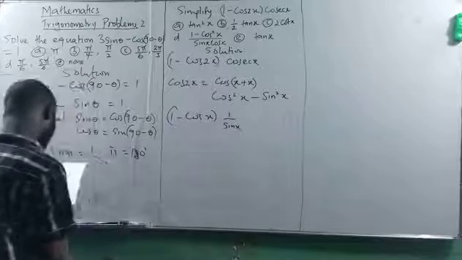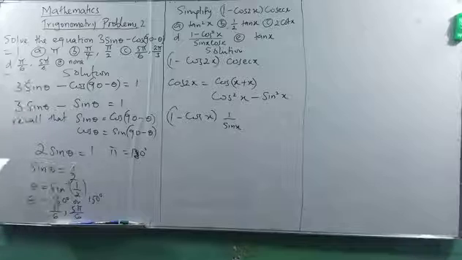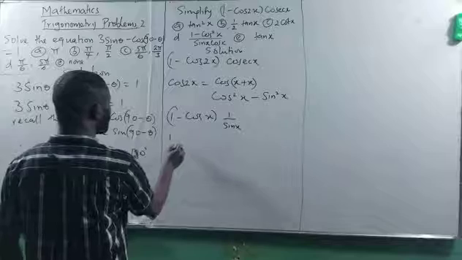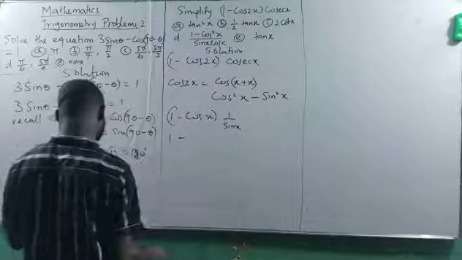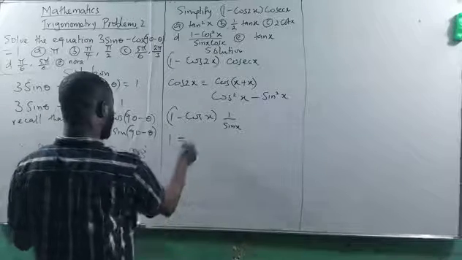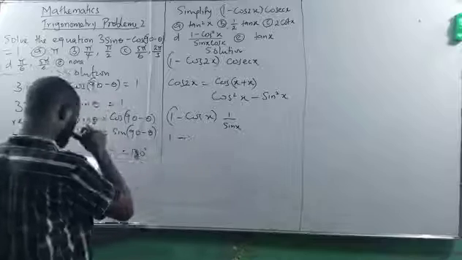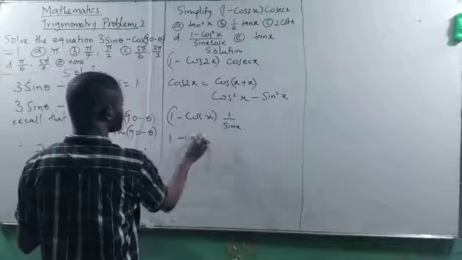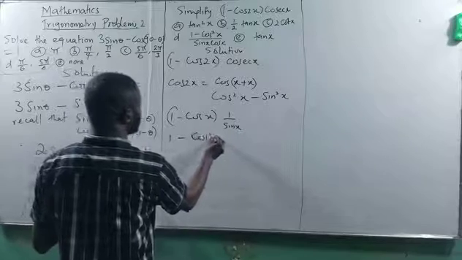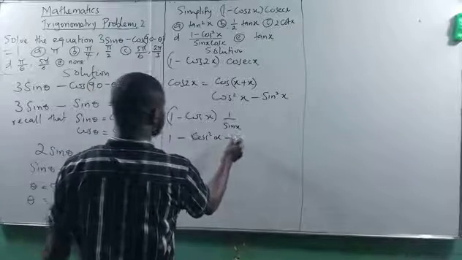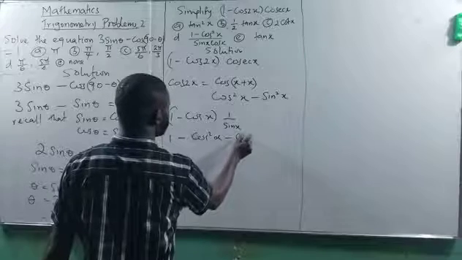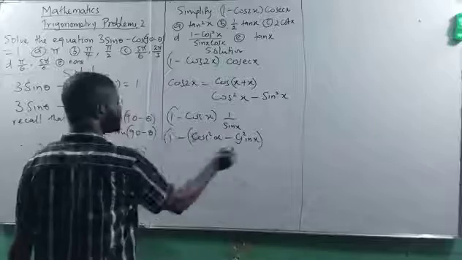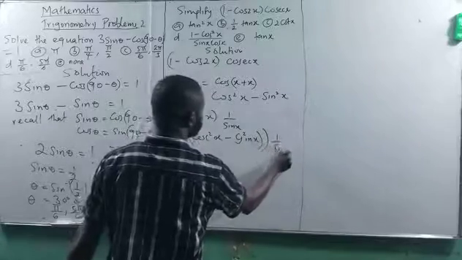Now, this will surely give me, which is what I've explained that time, 1 minus cos square x minus sine square x, which is bracket of 1 over sine x.